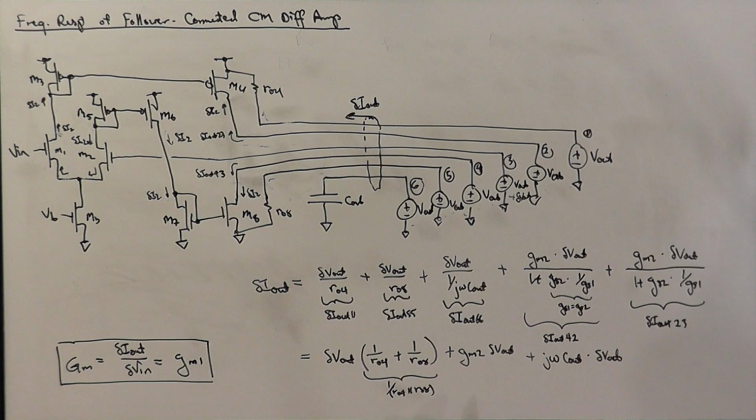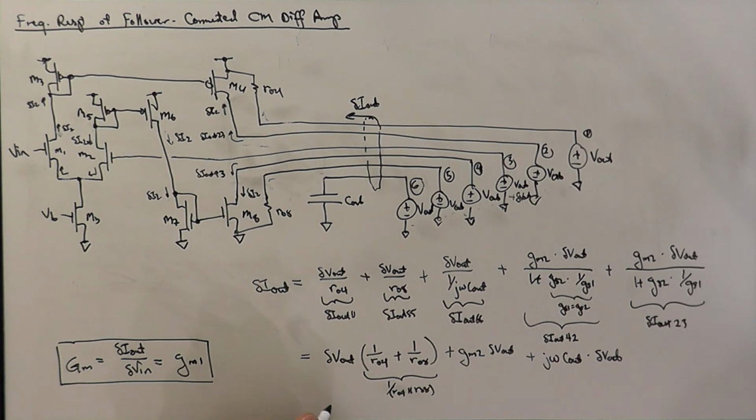And so here we have a situation where we have GM2 times delta V out, and we've got a conductance that's like 1 over the parallel combination of two early effect resistors. And to the extent that our GM1, which is the same as GM2, times RO4 parallel RO8 is a large number, which is our low frequency gain, then the first two terms are going to be dominated by this second term.